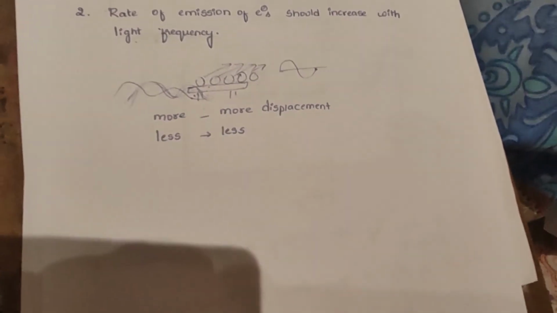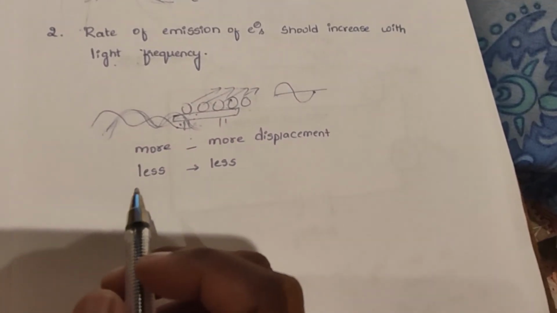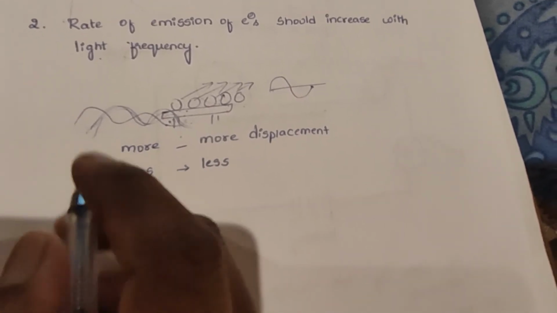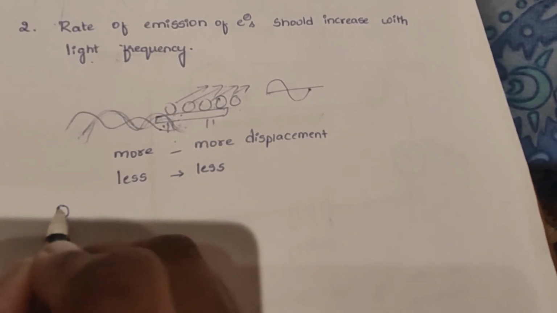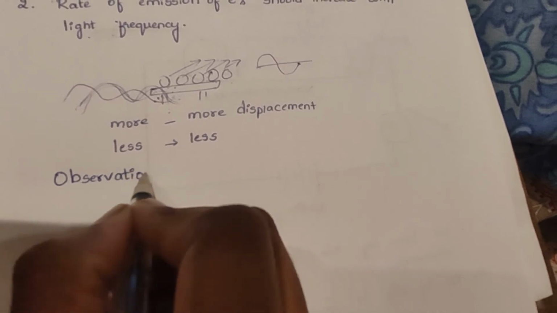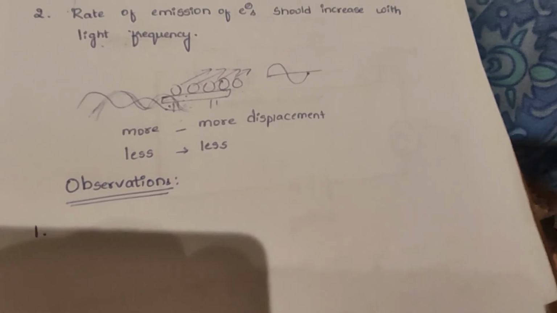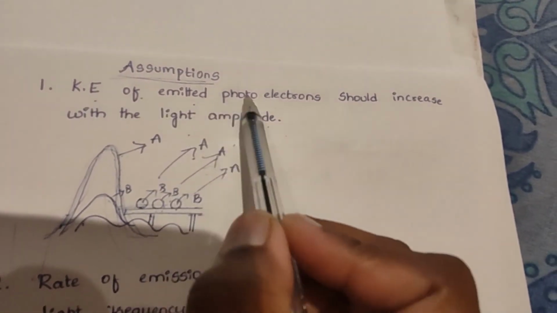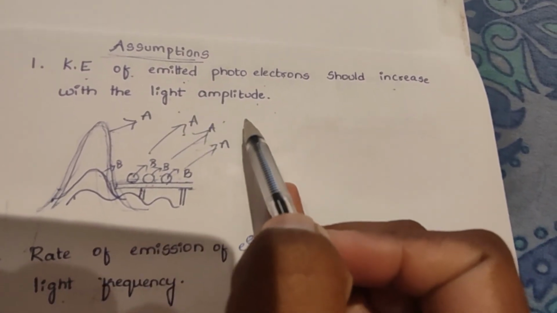Let's observe the results deeply. When the experiment is conducted, the results are quite different. So the following results are observed. First one, here we said the kinetic energy of emitted photoelectrons should increase with light amplitude.